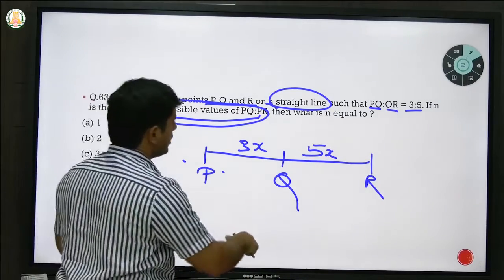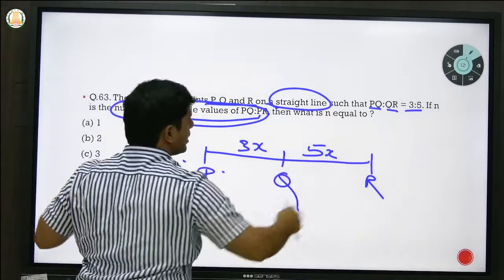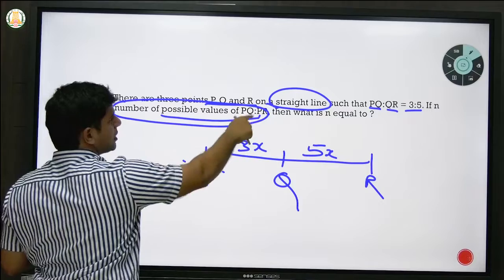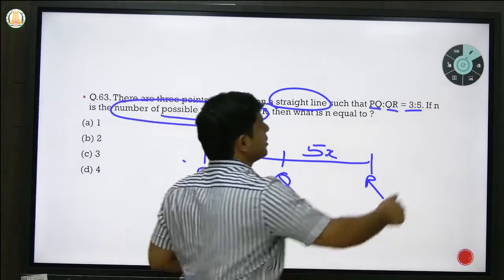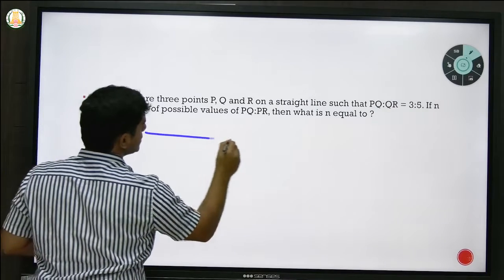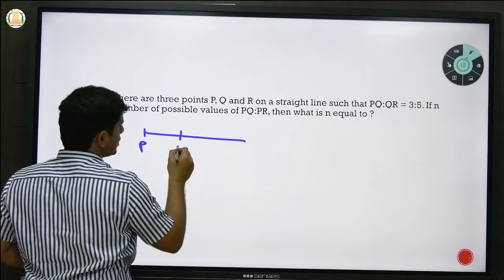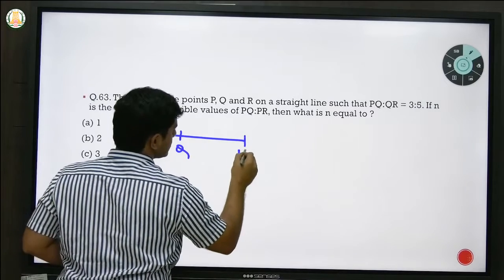So here we have to find out what are the different combinations of PQR on the straight line and then find possible values of PQ to PR. Okay, so let's do that. The first combination possible is the obvious one, that is P is here, then Q is here and R is here.